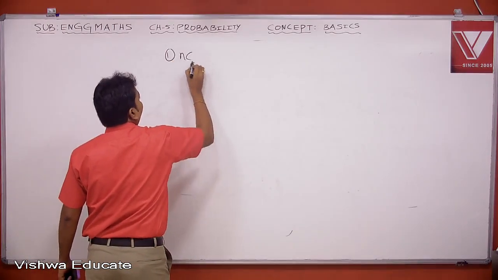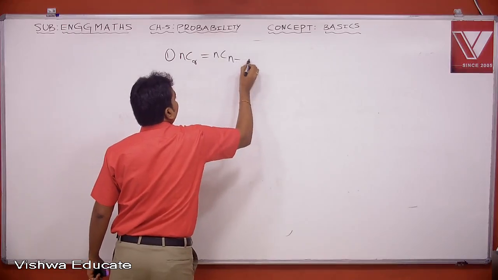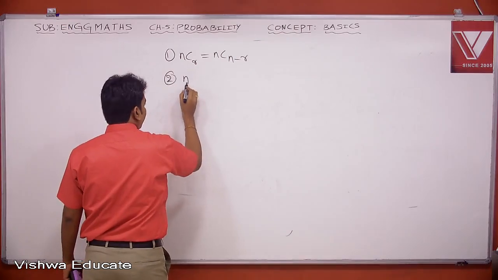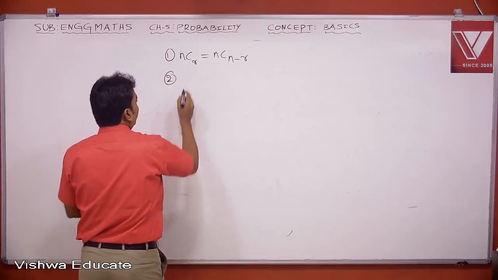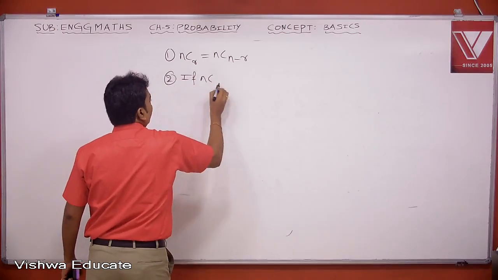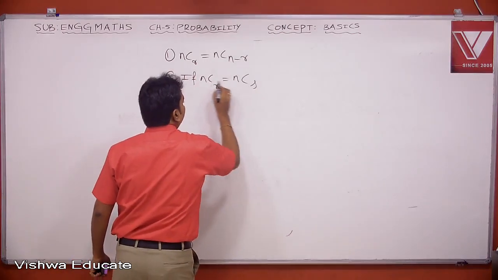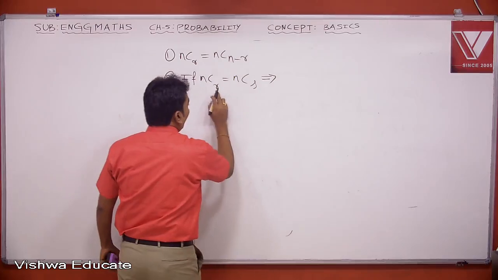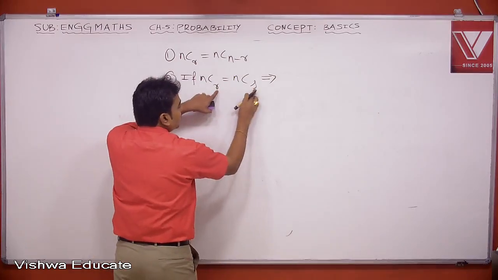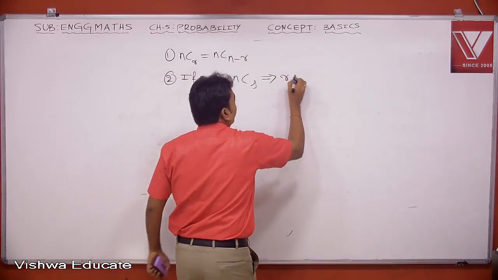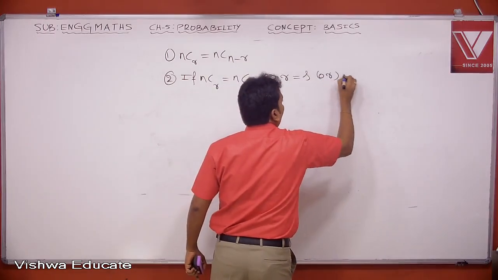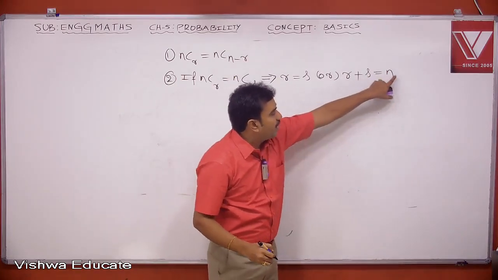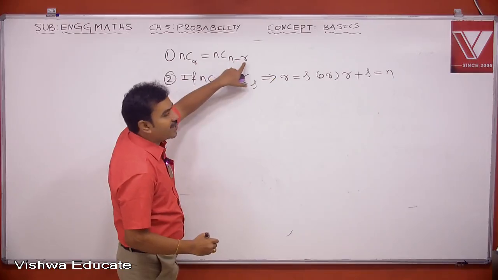NCR is equal to NC(N minus R). Next, if NCR is equal to NCS, this implies R can be equal to S or R plus S must be equal to N, because actually S value is N minus R. So here NCR is the same as NC(N minus R).